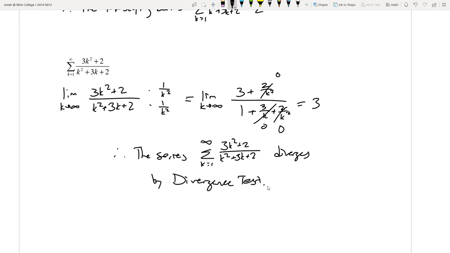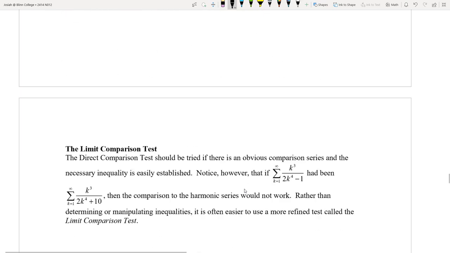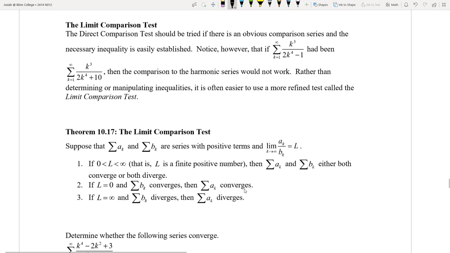So the next one we'll move to is our second comparison test, the limit comparison test. So it says the direct comparison test should be tried if there is an obvious comparison series and the inequality is easily established. And so we have, right, this is going to be a comparison to, the difference here is 1 in degree. Bottom degree is 1 bigger. This is a harmonic kind of deal that we're going to compare to.